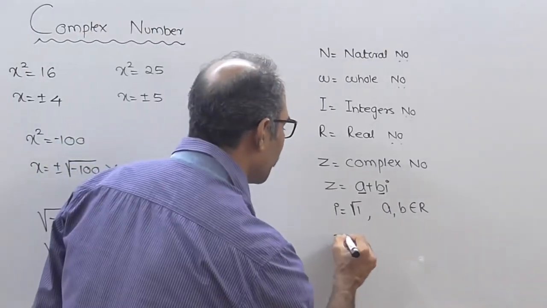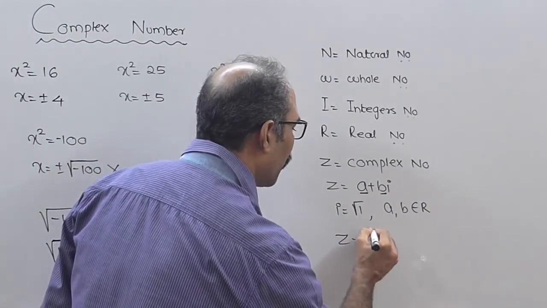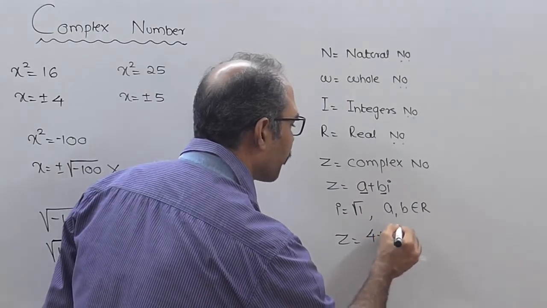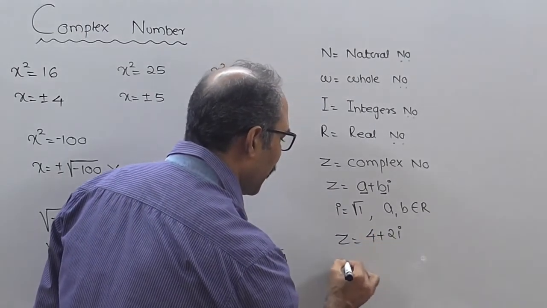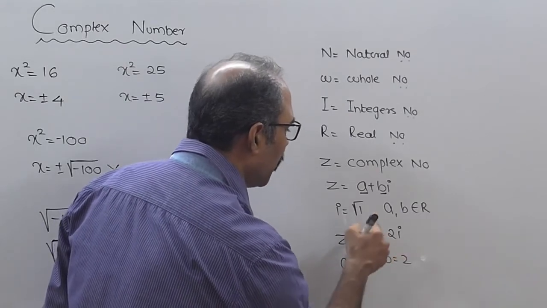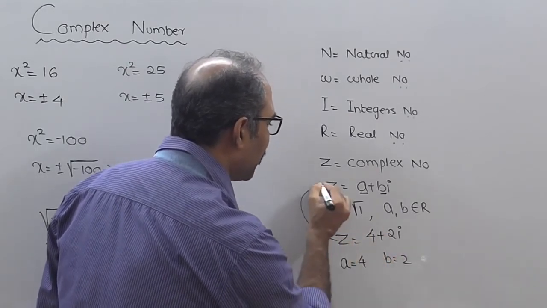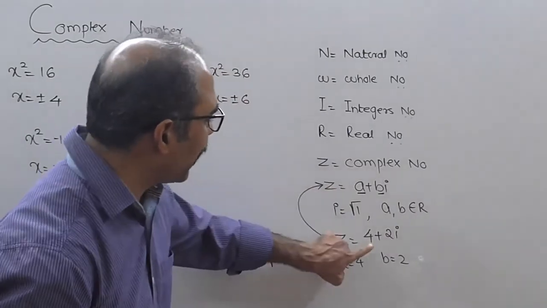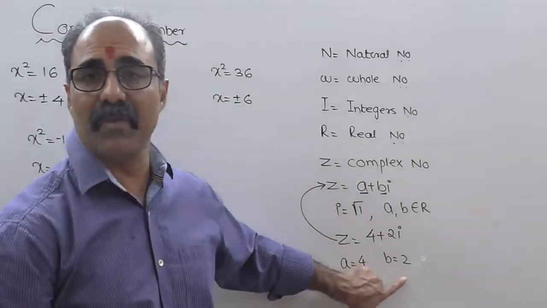For example, suppose I write z equal to 4 plus 2i. So what is a? A is 4 and b is what? 2. Because if you compare z with a plus bi, the value of a will be 4 and the value of b will be 2.